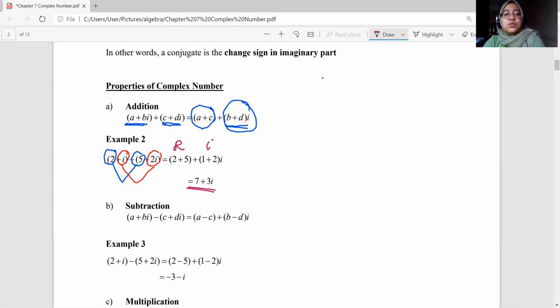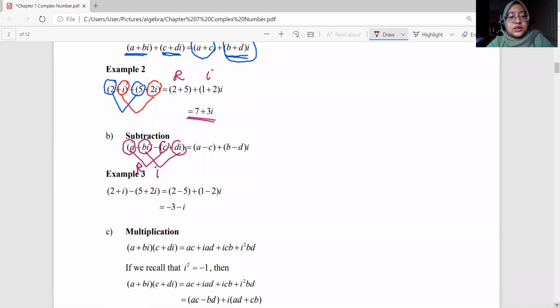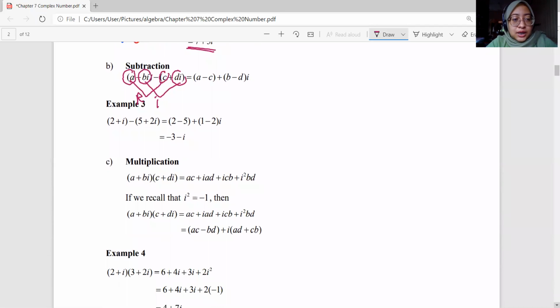We subtract the real number parts and then the imaginary parts, so we got the answer A minus C plus B minus D times I. Here is the example: 2 plus I minus 5 plus 2I.